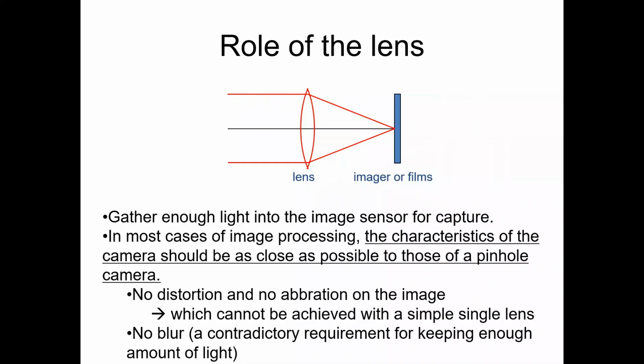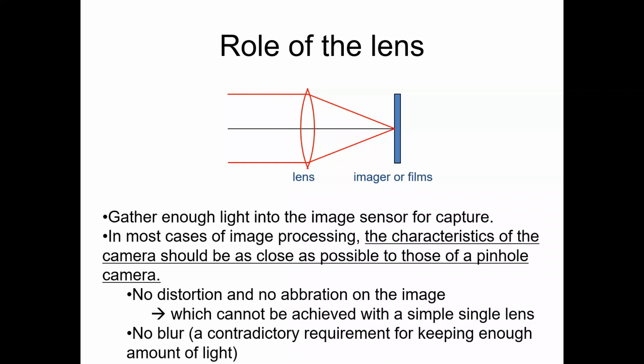What the lens does is, it's kind of a large hole, and without a lens, it lets in all the rays. But if you put the lens at the big hole, then the lens works as shown in this slide.